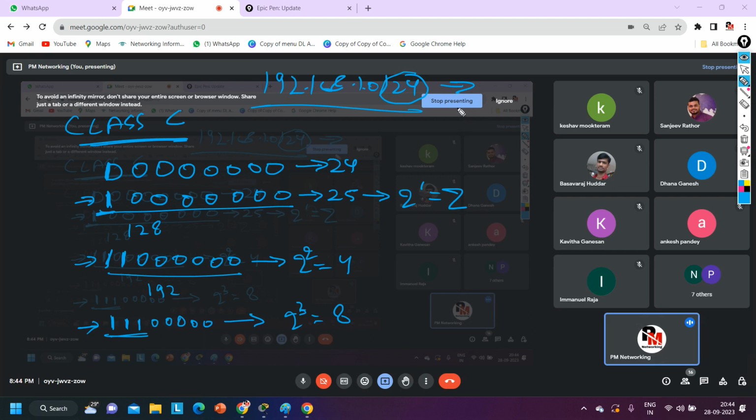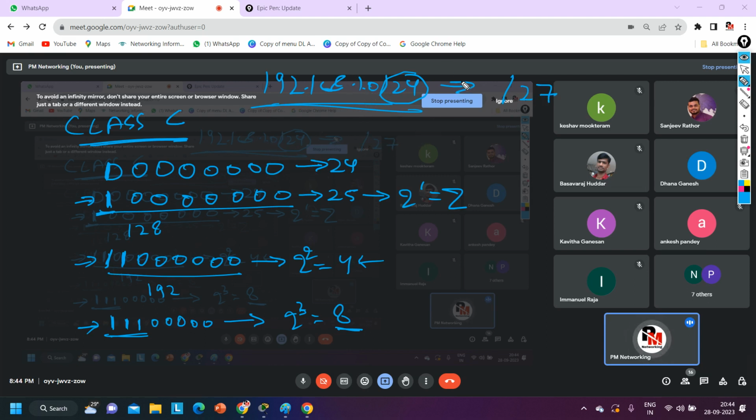Why 27? Because if I need to divide a network into 8 parts, I need to borrow how many bits? 3 bits. If I need to divide a network into 4 parts, I need to borrow how many bits? 2 bits. So if you want to divide this network into 8 parts, you will set the network bits equal to 27.